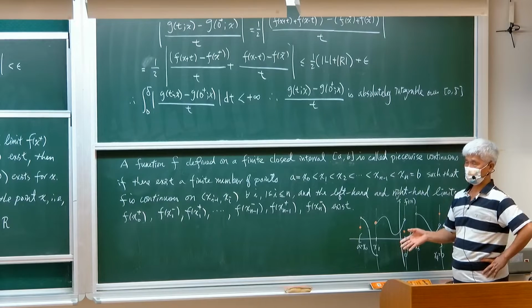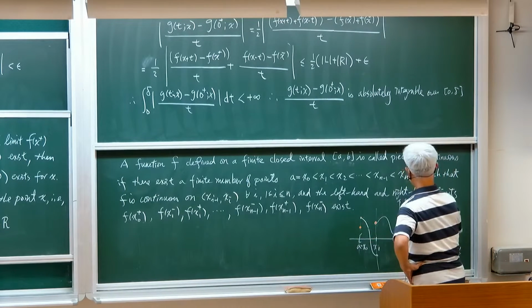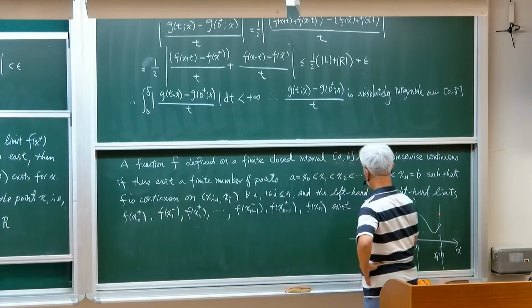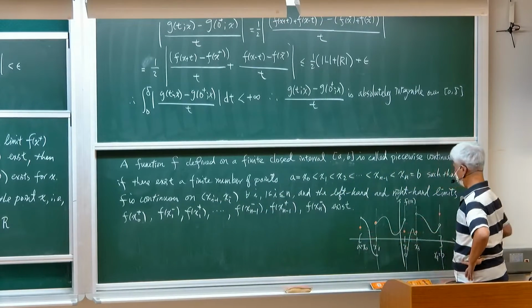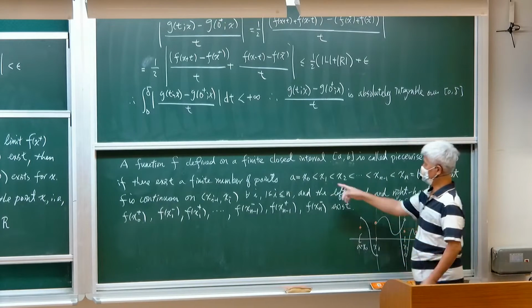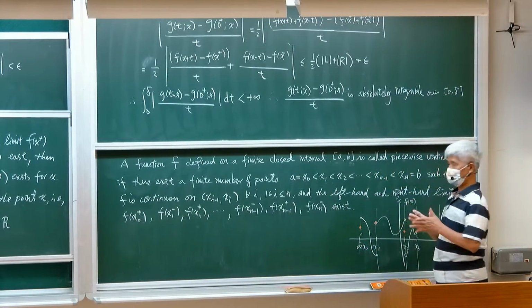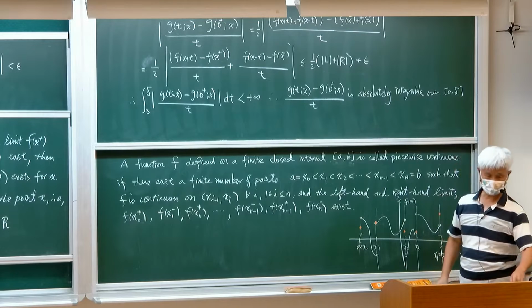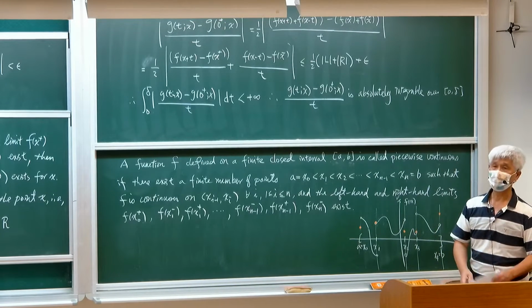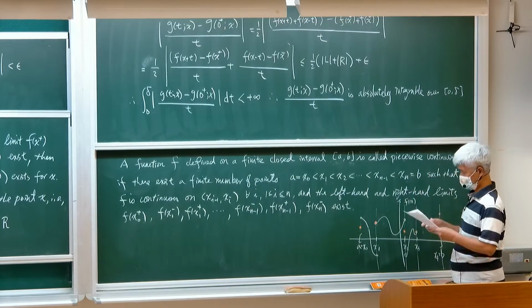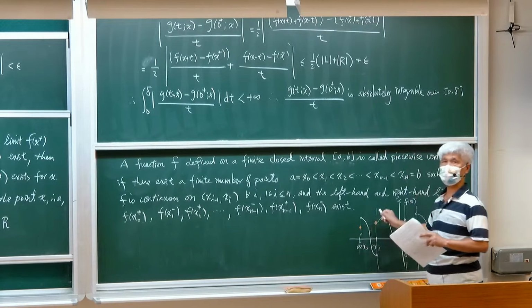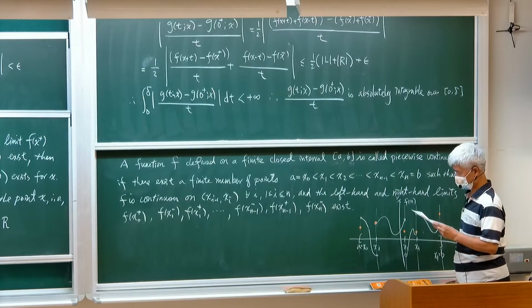But we do require that at such finite points, which are used to divide the interval into subintervals, the left-hand limit and right-hand limit exist. These are additional requirements in the definition of a piecewise continuous function. Any questions about such a function?